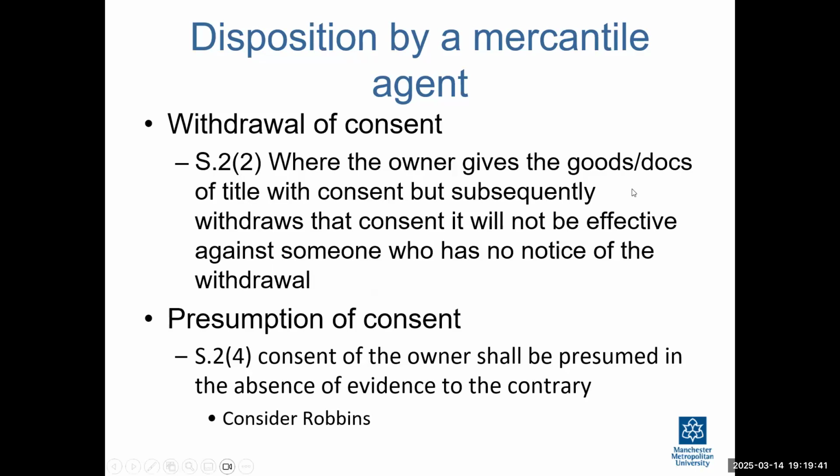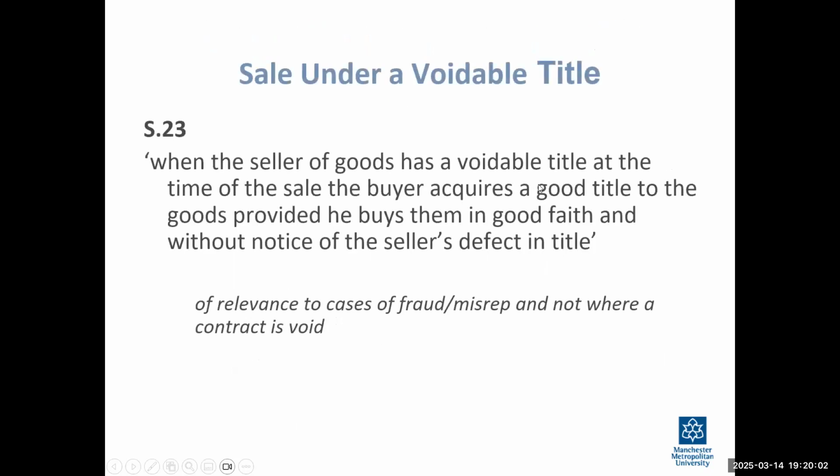But if there is a consent that has been withdrawn, it would avail the owner if the third party that buys the property has notice of that. And Section 2(4) provides that there will be a presumption of consent in the absence of evidence to the contrary. So that does a bit to protect the interest of the innocent buyer.